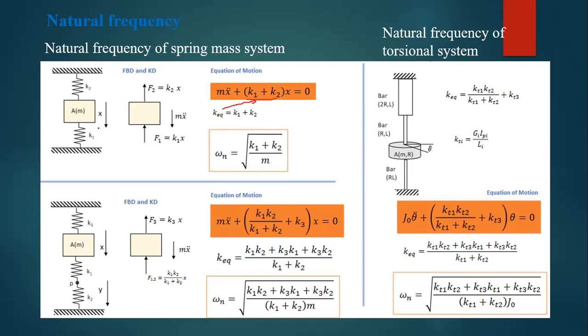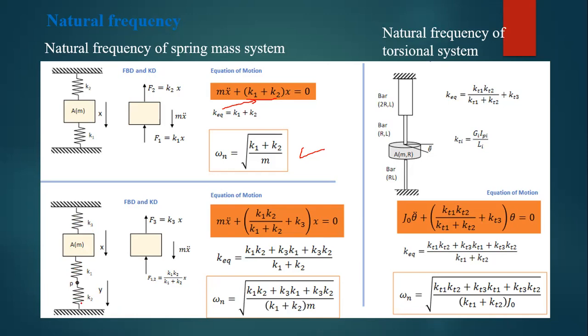We didn't consider the mass of the springs, so the natural frequency is the square root of K1 plus K2 over m. Here we have two springs in series, and then the mass is placed in between. Then again, a third spring is there. So we still have to find the equivalent stiffness.